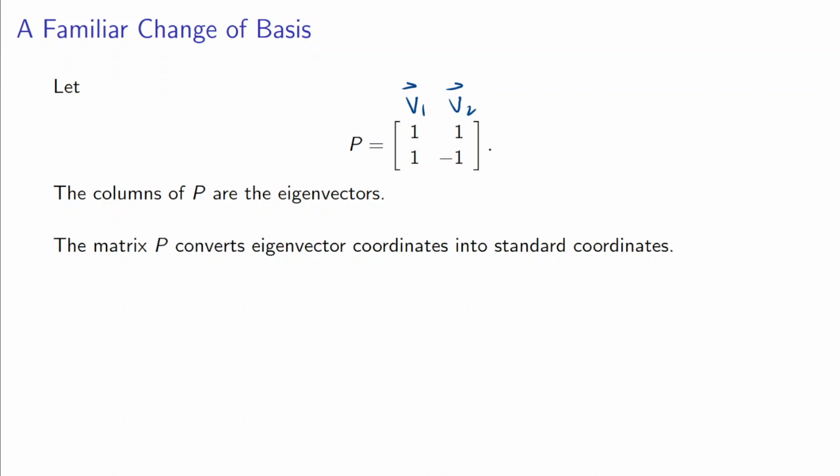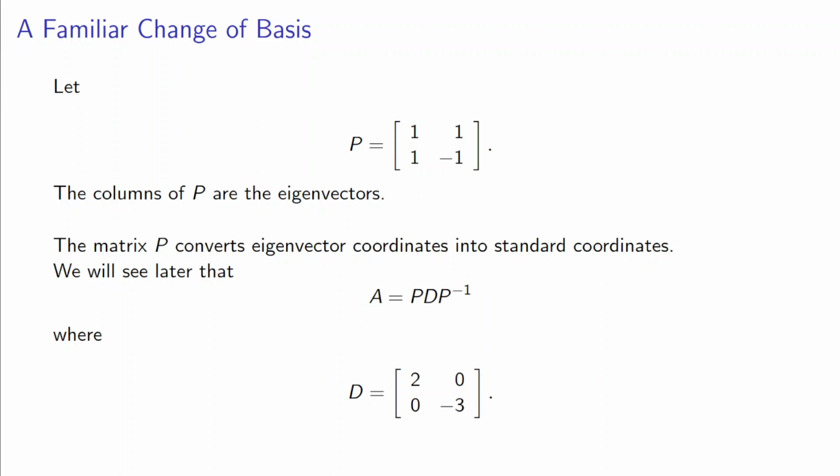This matrix converts eigenvector coordinates into standard coordinates. And we'll see later that A can be written as PDP inverse, where P is this change of basis matrix that we're introducing above, which converts eigenvector coordinates into standard coordinates. And D is the matrix shown below.